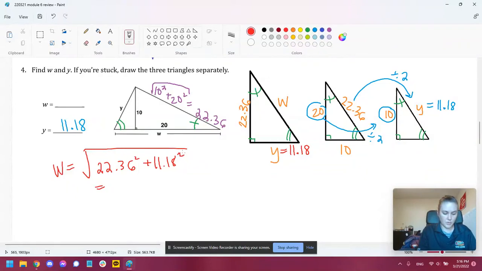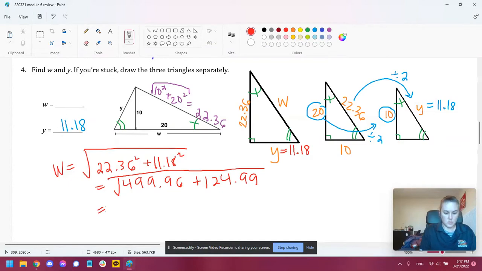And now 22.36 squared is 499.96, plus 11.18 squared, 124.99, plus 499.96, square root of 624.95, which is, who knows, because my phone is locked.